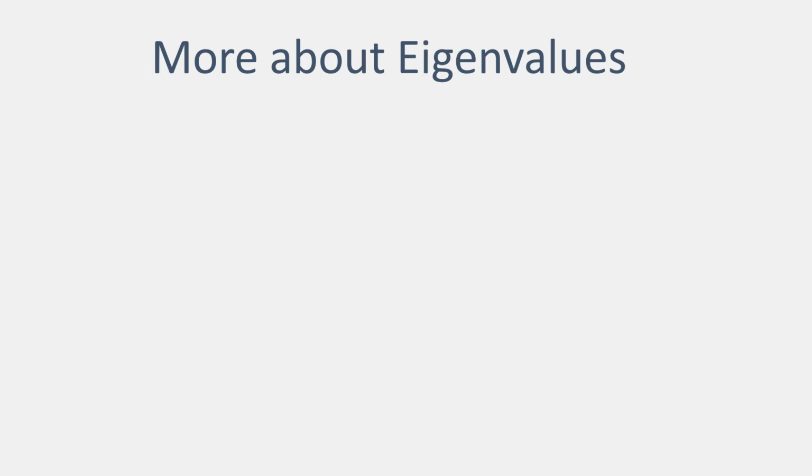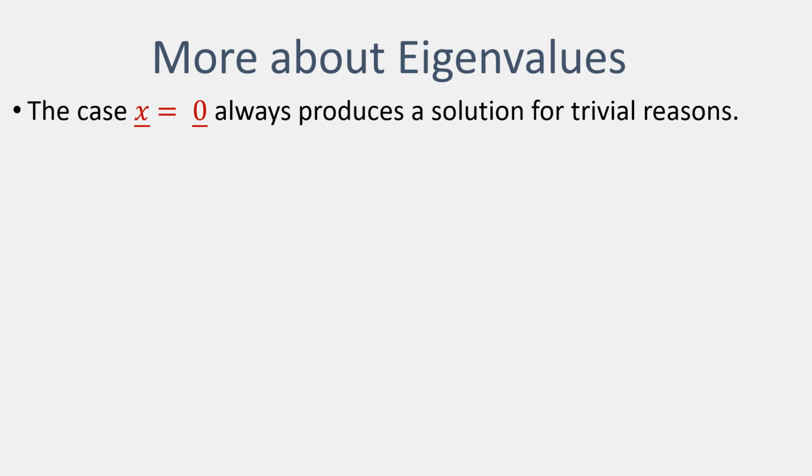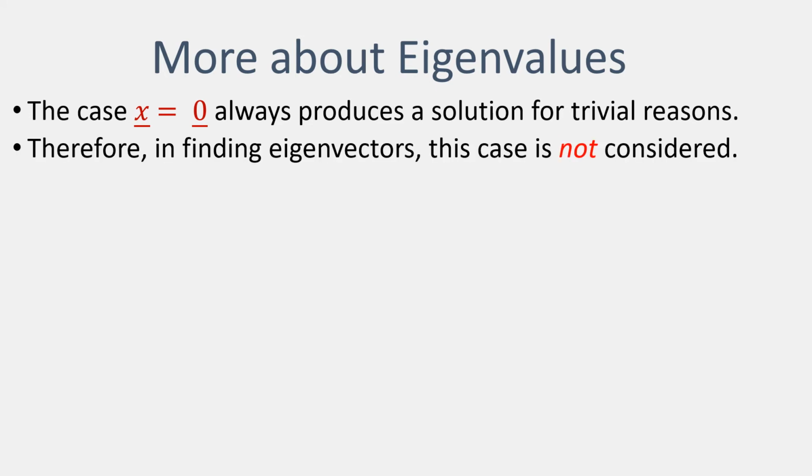So let's have another look in a bit more detail at eigenvalues. The case where a vector is a zero vector always produces a solution, but the reasons why it always produces a solution are rather trivial. And for that reason, we don't consider the zero vector to be an eigenvector.